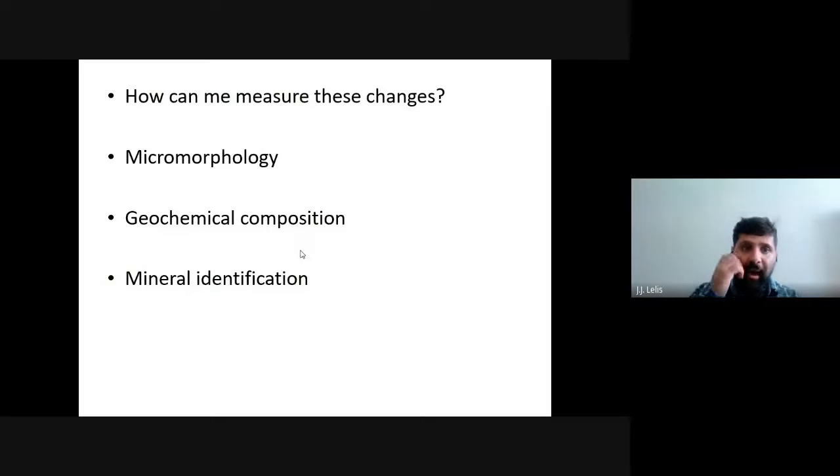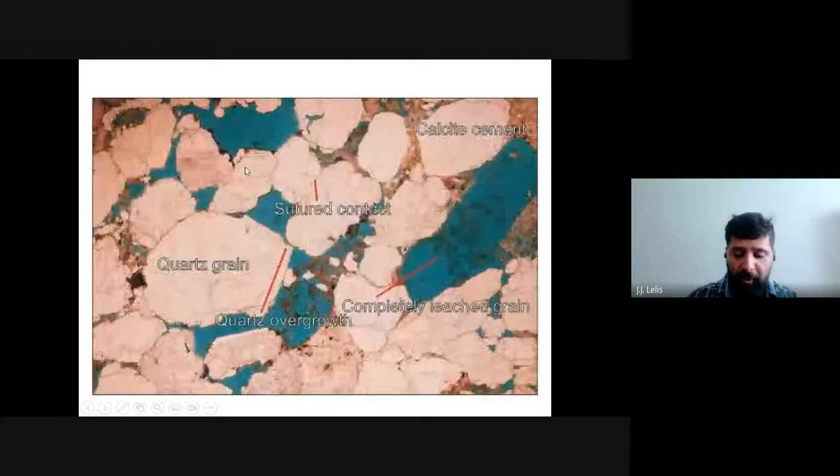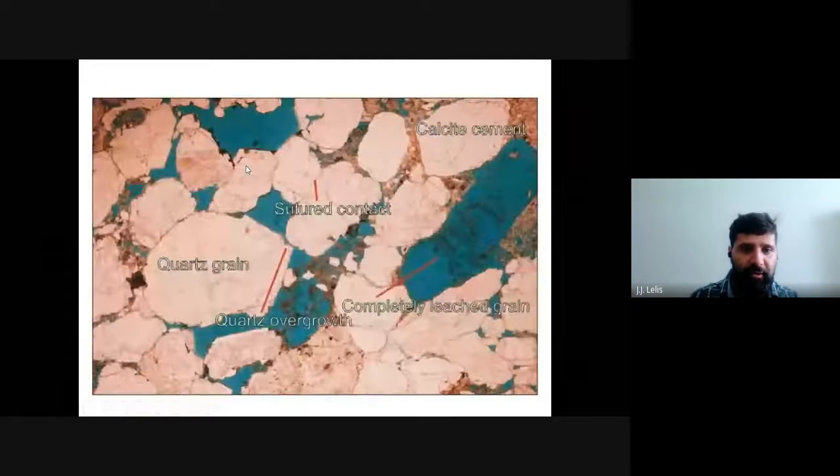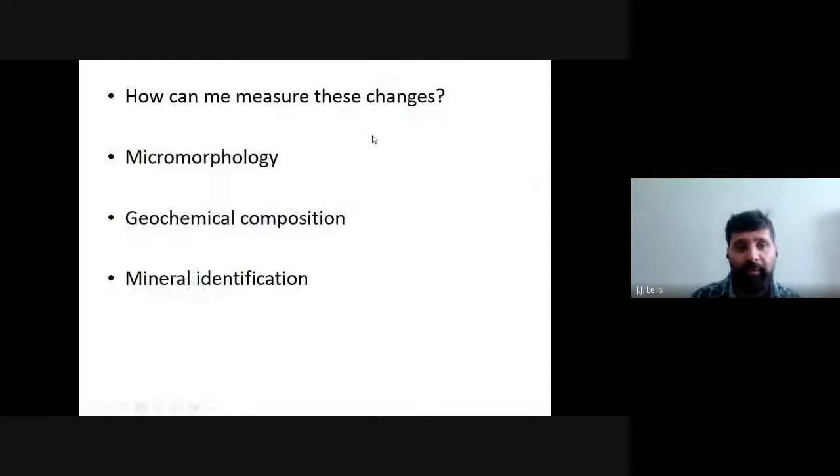And how can we measure these changes of parent material progress? First of all, micromorphology. Micromorphology can help us a lot, like in these pictures. We can see the organization, orientation, and distribution of materials, the coarse and the fine particles in the soil. We will discuss this in the next classes.